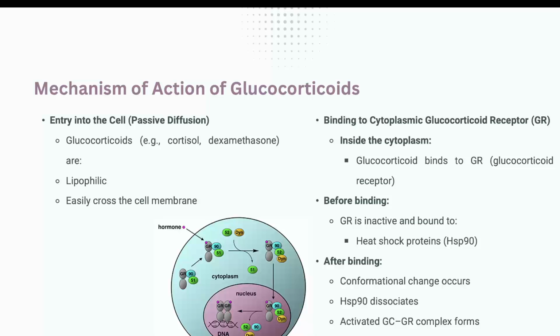In the cytoplasmic area, there are receptors. For example, in the case of cortisol or glucocorticoid, the receptor is located in the cytoplasm, and it is called the cytoplasmic glucocorticoid receptor, or GR.